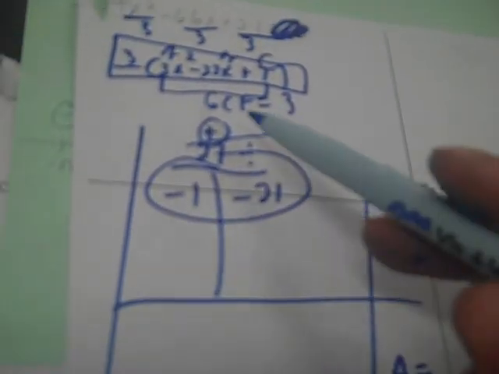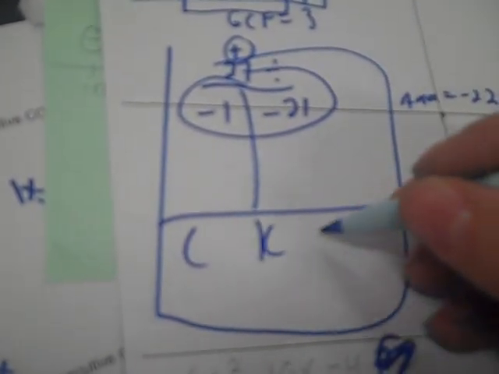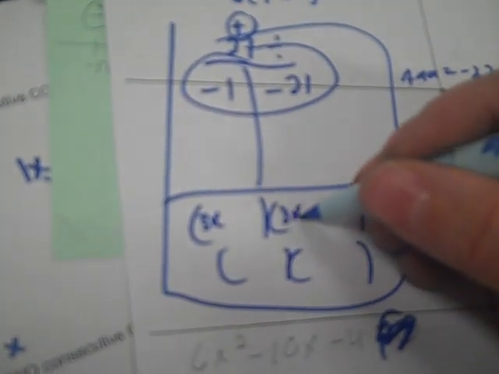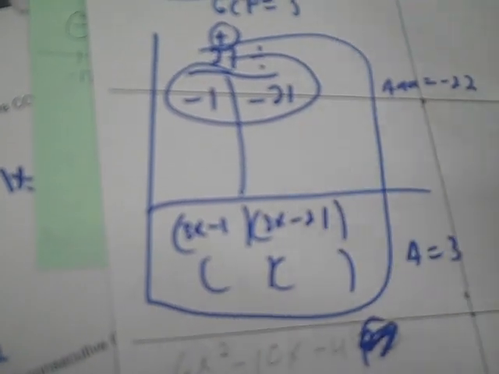Now, what's your A? Your A is 3, so you're going to need 4 parentheses. Okay, please start with your 3x, minus 1, minus 21.